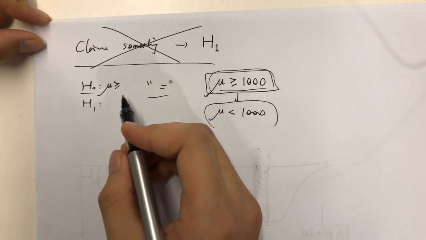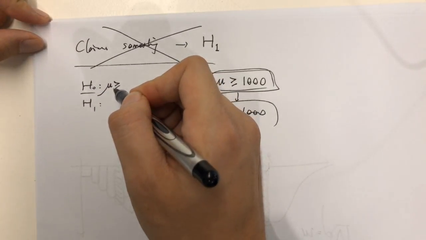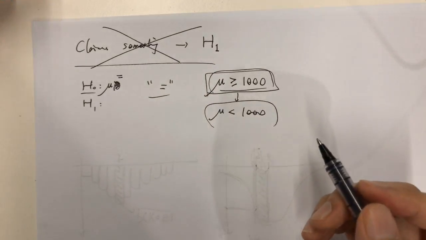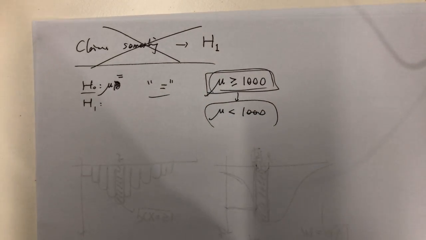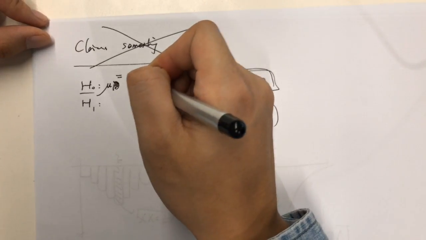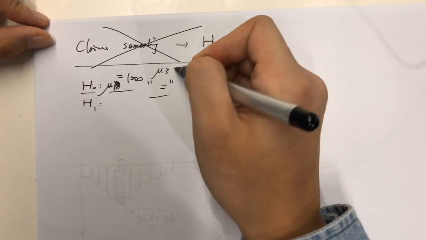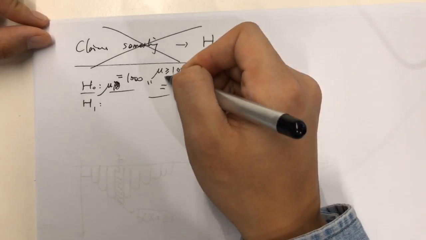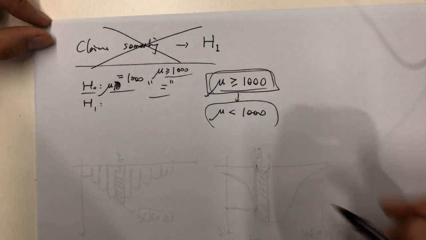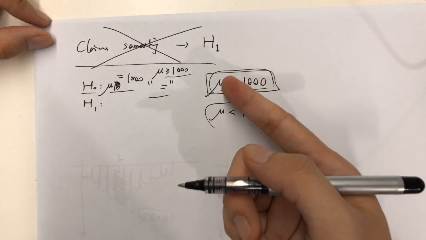But in our textbook, we just always write the equal sign, so mu equal 1,000, but only in our textbook, because in other textbooks, we usually use mu greater or equal to 1,000, which makes much more sense, right?